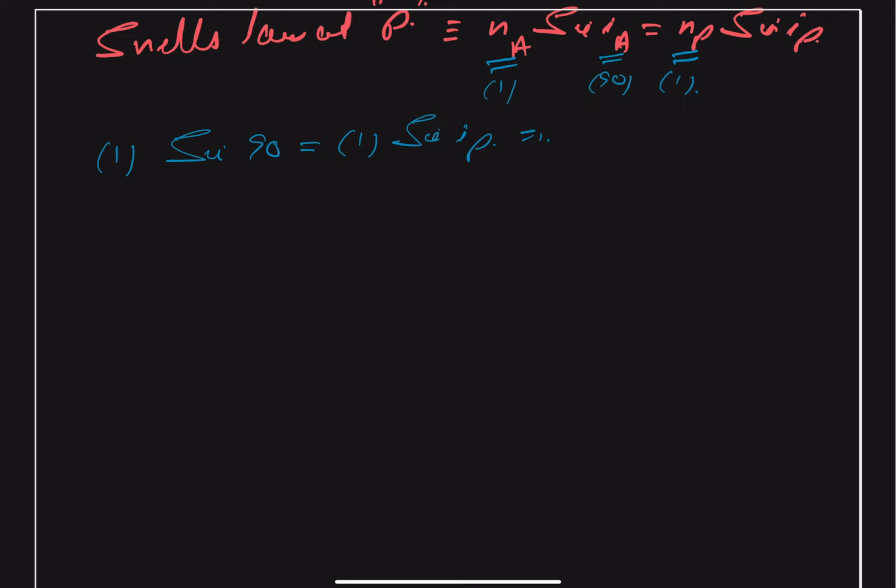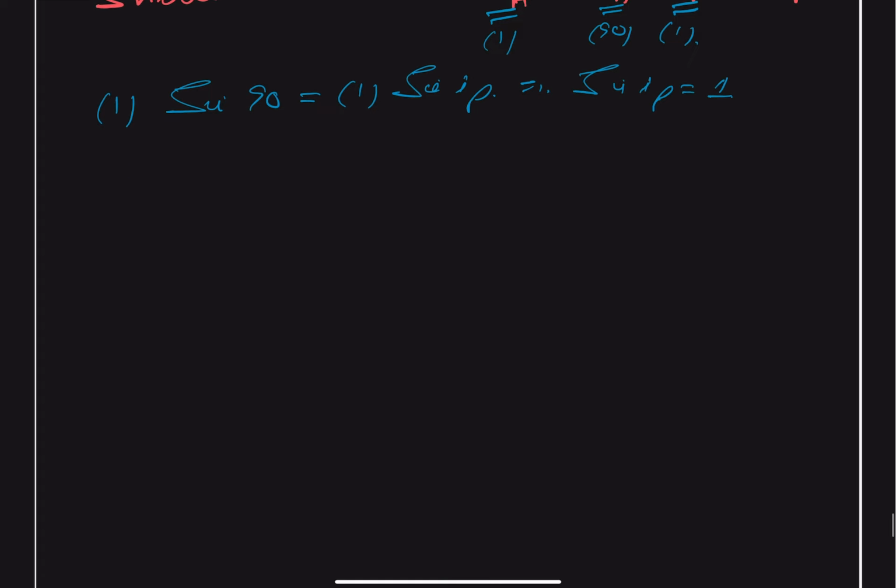Sine 90 is 1, so sine of IP is also equal to 1, which gives us that IP will be 90 degrees. So the emergent ray will be approximately parallel to the boundary, just as it enters. Entering as well as leaving both will be parallel to the x-axis.